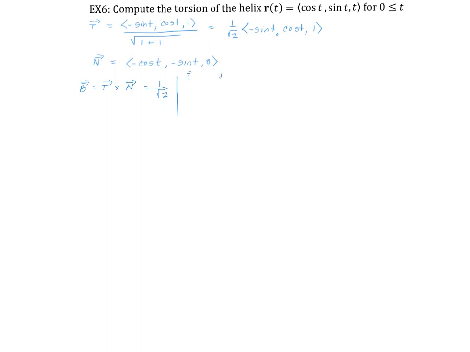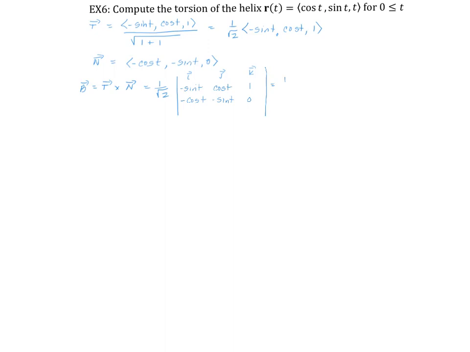So again, we have our I, our J, our K. And our tangent vector, we have negative sine, cosine, 1. And our normal vector would be negative cosine, negative sine, 0.